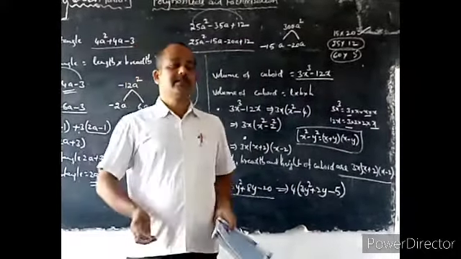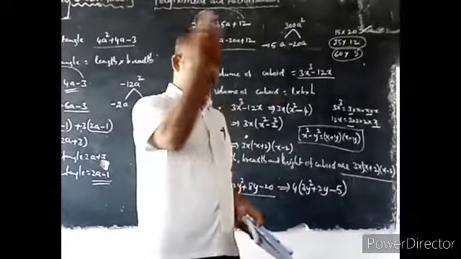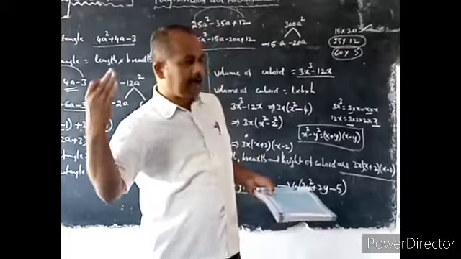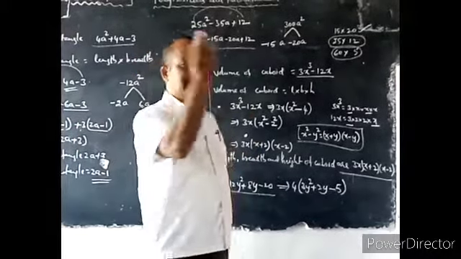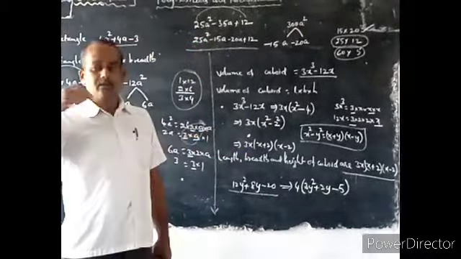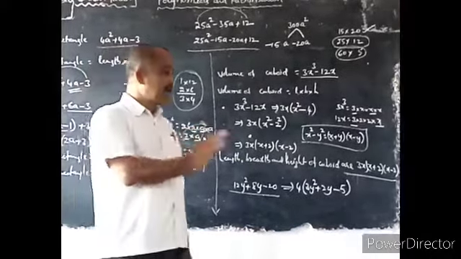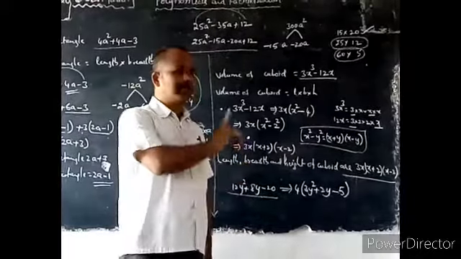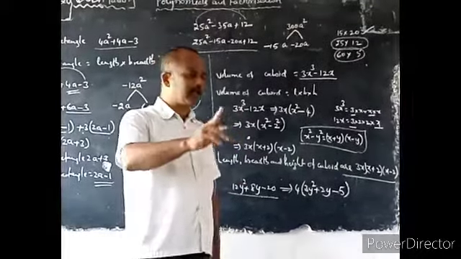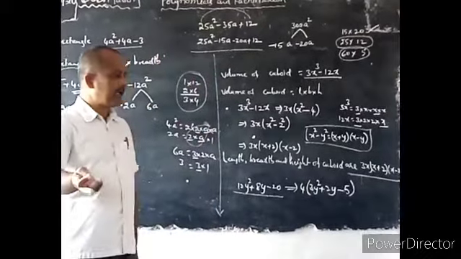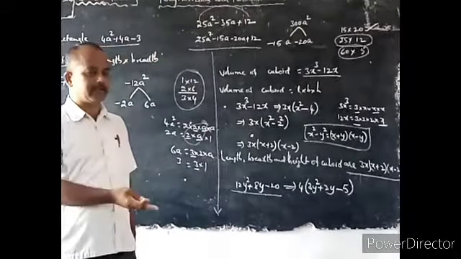How do you get it? Here the total right side term, a square plus 2ab plus b square, is transposed to the left side. Then we are getting 2a square minus a square, which is a square, and 2b square minus b square, which is b square, and minus 2ab as transposed.